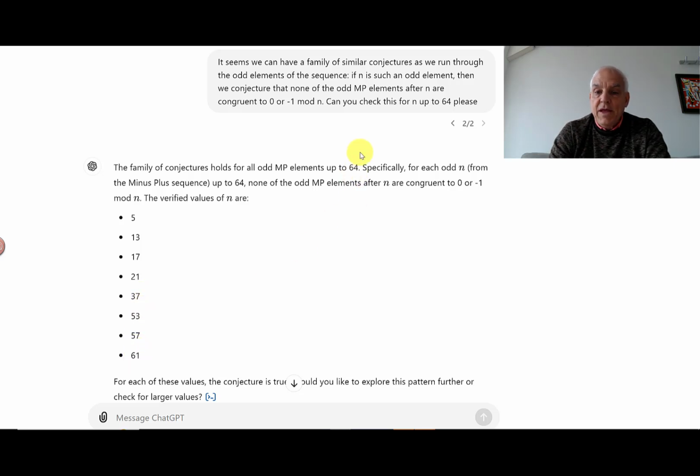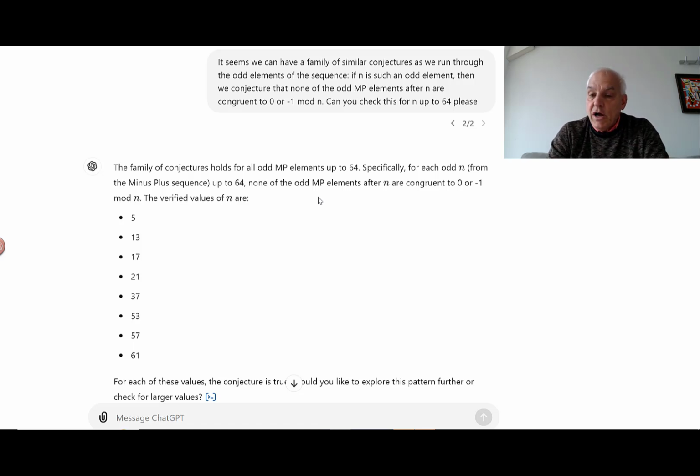So I ask it, can you check that if n is such an odd element, like maybe 13 or 17, then we conjecture that none of the odd MP elements after it are congruent either to 0 or minus 1 modulo that element. So after 17 appears, for example, I'm saying that no further element is going to be congruent to 0 or minus 1 mod 17. I'm asking it to check this. The family of conjectures holds for all odd MP elements up to 64.